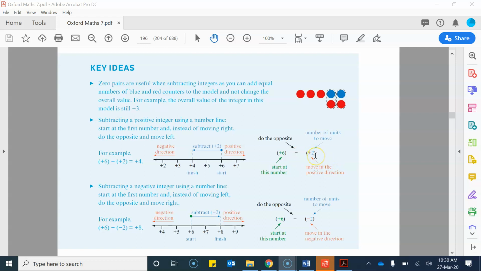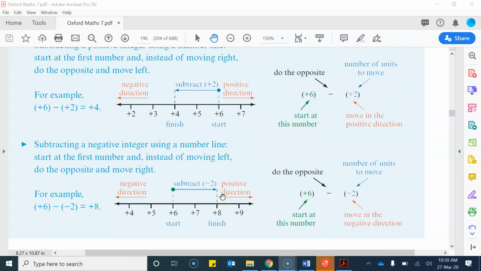Now if we were adding positive 2, which way would we move on the number line? Right. To the right. But since we're subtracting positive 2, we're going to go the other way. So now we're moving left on the number line. So you can see they've started at positive 6, they've subtracted positive 2, so we move left on the number line.